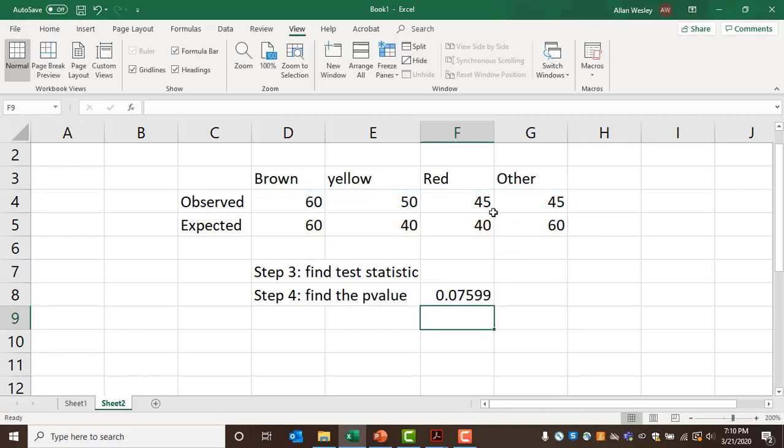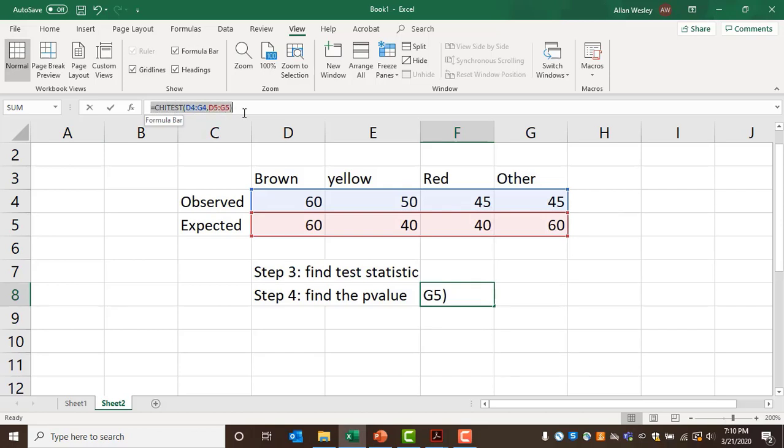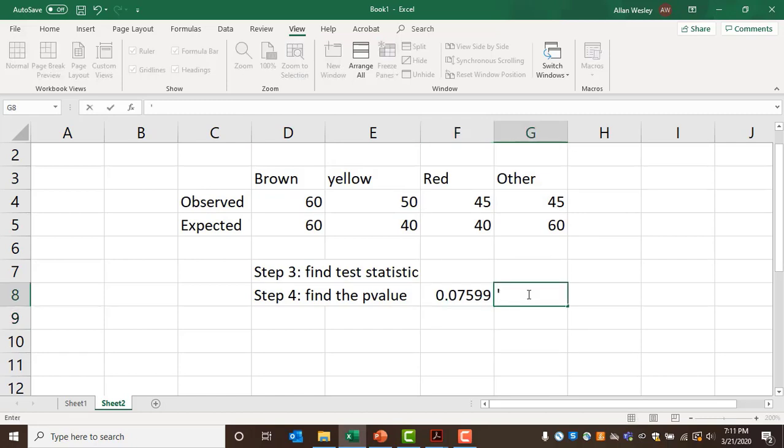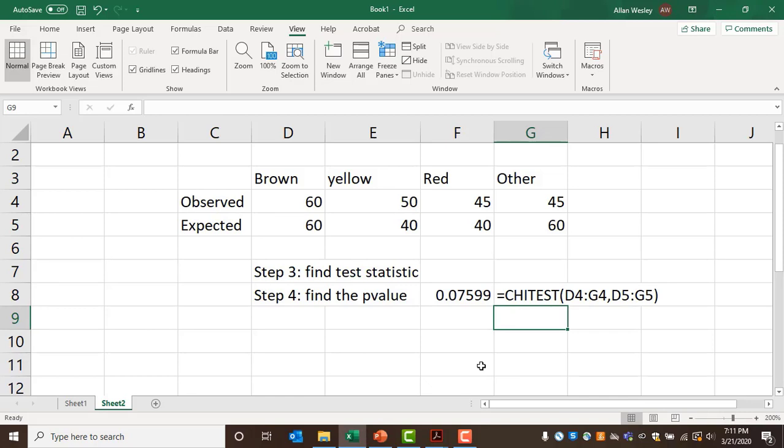Pushing enter, we get our p-value of approximately 0.076. Let's just copy that in there.